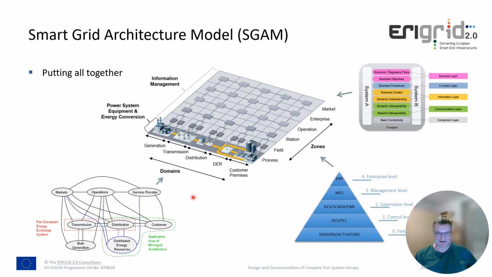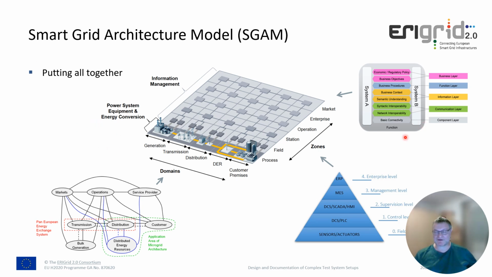The domains are formed by the areas of this extended NIST model. The zones, we have 6, besides these 5 domains, we have the 6 zones from the process to the market. They have been borrowed from the automation pyramid, where we have on the higher levels the information management. On the process layer we have mainly the power system equipment and energy conversion system.